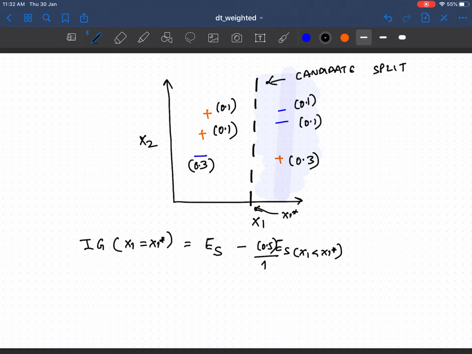On the left-hand side the sum is 1, on the right-hand side the sum is 1. Similarly, we compute the next term as the weight 0.5 divided by 1 times the entropy of the set where x1 is greater than or equal to x1 star. So using this formula, we can now calculate the information gain for this particular split. We could have also chosen some other split and obtained a similar solution.